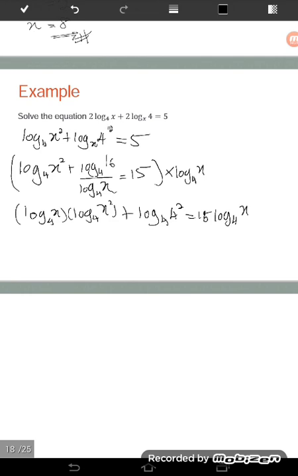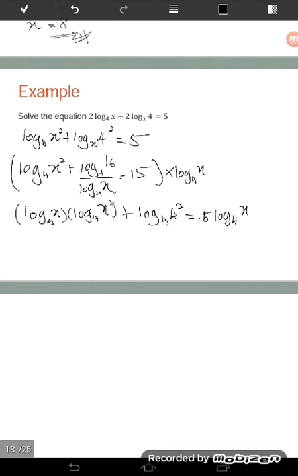Actually, I made a mistake with the 2 earlier. I should not have brought it up to the power, it doesn't matter, because here it becomes 4 again. So base 4 and here 4. And here also, if you can see, log x base 4, and here also we have log x base 4, only here power of 2.